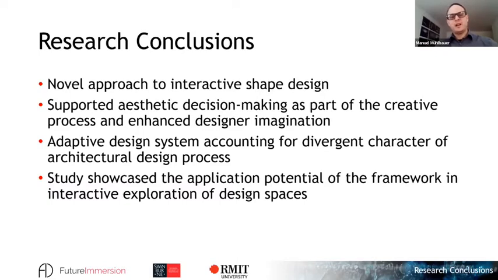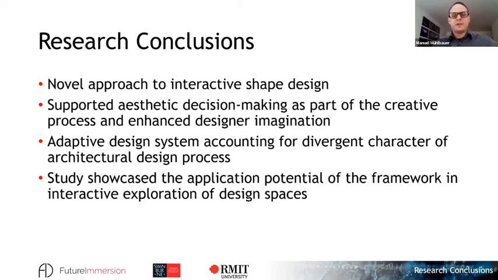Also, the architect thought about design solutions and aesthetic solutions that they might not have come up with without this kind of system, especially when thinking about complex shapes, where the drawing and the representation of the design as an image in the cognitive process is getting quite cumbersome, maybe.